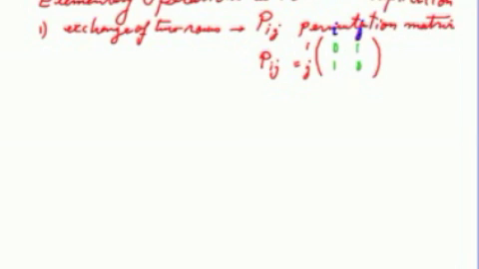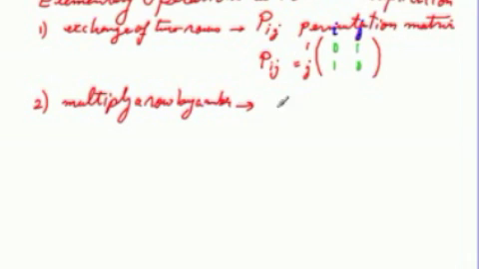Then elementary operation number 2 was multiply a row by a number. That one gave us some matrix M, let's say M for multiplication.